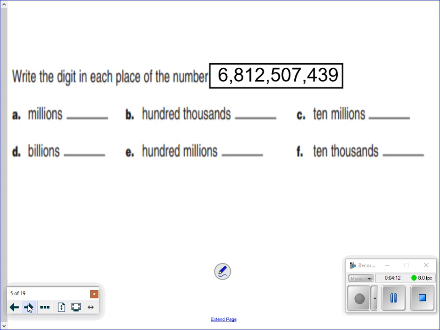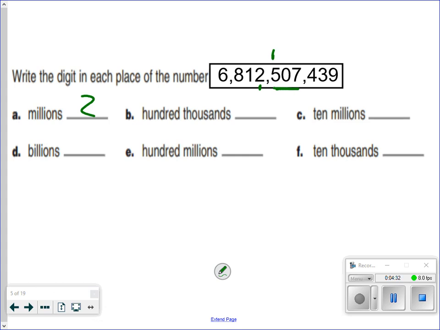We'll go through these a little faster. Here's the number. We have 6,812,507,439. Where we're in the millions, the millions is right here. We got the 2. 100,000s, so our thousand zone is here.